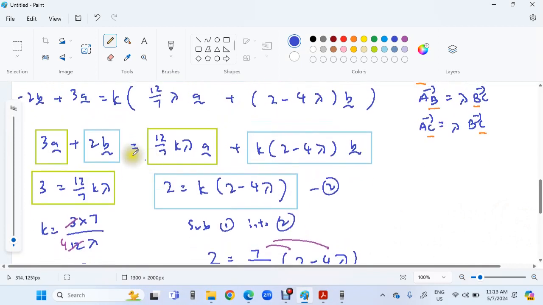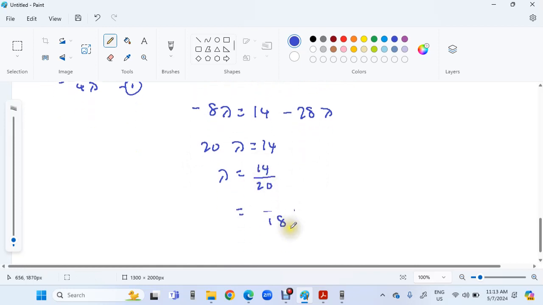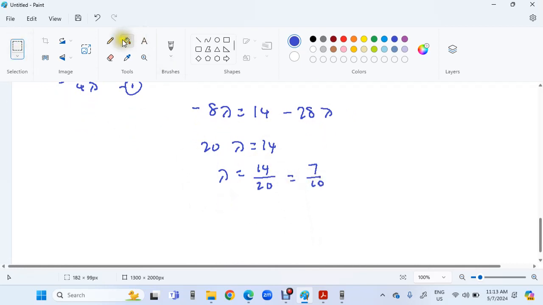A mistake here. This is actually negative 2B, so this is not plus 2, this is negative 2. So we have the negative 2 here. Then over here we will have 20 lambda. So 14 over 20, then it will be 7 over 10. The lambda will be 0.7.